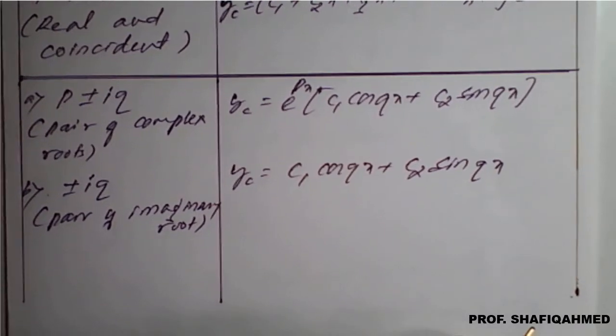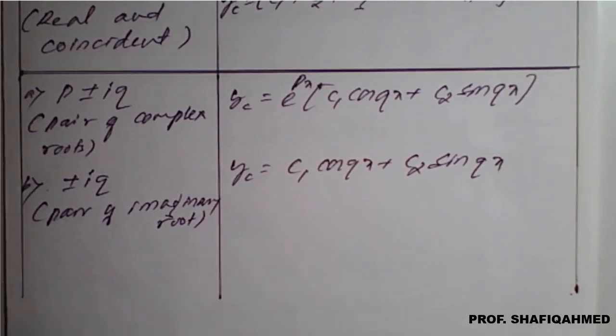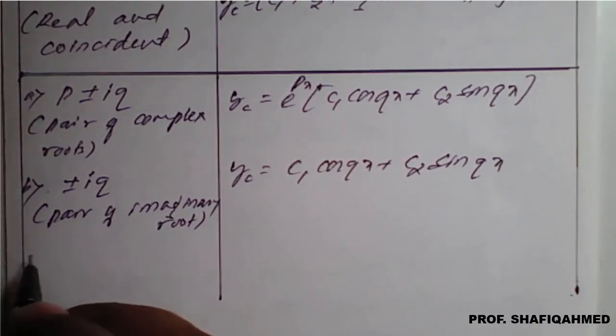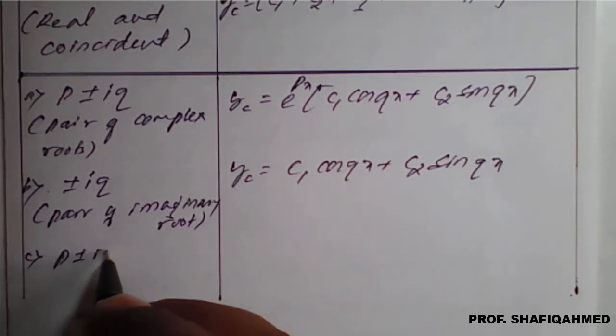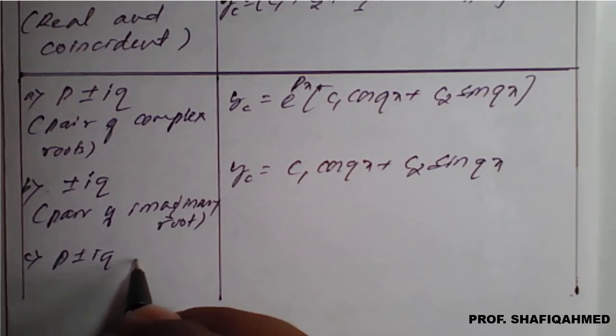Coming to one more possibility, the roots p plus iq repeated n times.